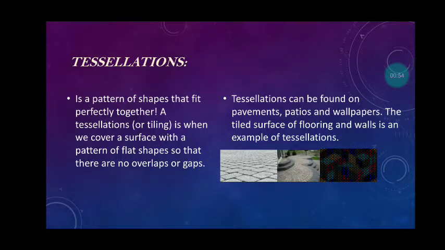Tessellation can be found on pavements, patios, and wallpapers. As you can see in the picture below, the tiled surface of flooring and walls is an example of tessellation.